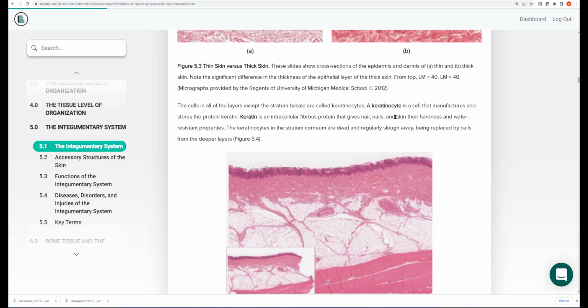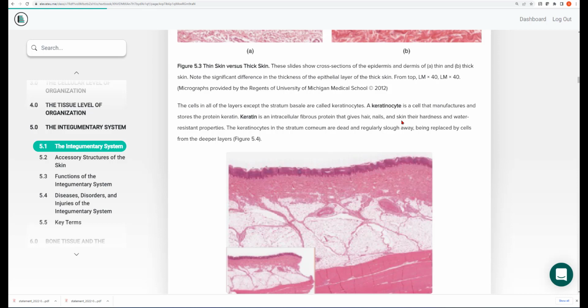It's kind of collagen-like, but what it does is it gives your hair, your nails, and your skin their toughness, their hardness, and their water-resistant properties. So you are waterproof largely because of the keratin that is produced by these epithelial cells. And as the layers of epithelial cells move toward the surface, they have more and more of this keratin.